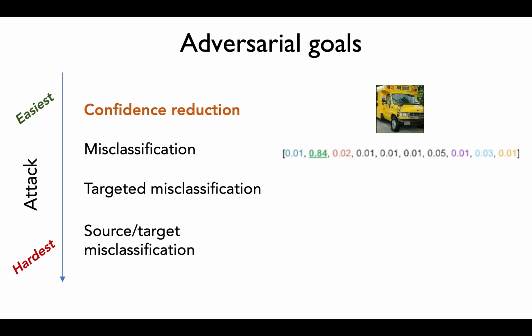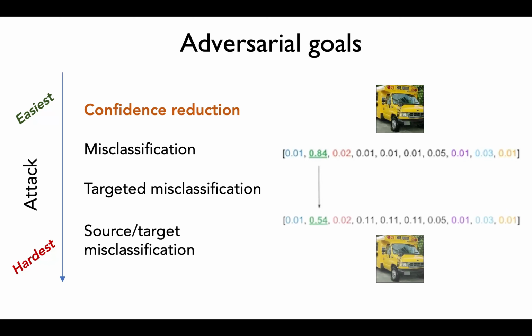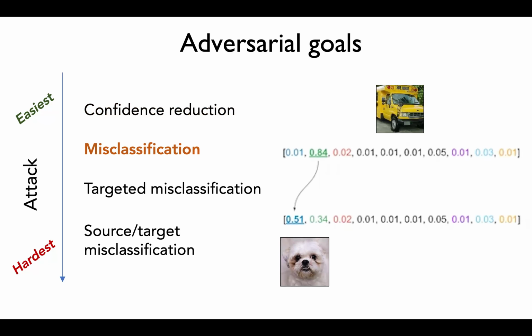So for example, we see a bus here. It is correctly classified as a bus. But with confidence reduction, we're interested in just affecting the model so that the model is not as confident. So with this, we changed the probabilities of different classes and we were able to reduce the confidence of the real class. In a misclassification, we change the probability so much that the most probable class actually shifts.